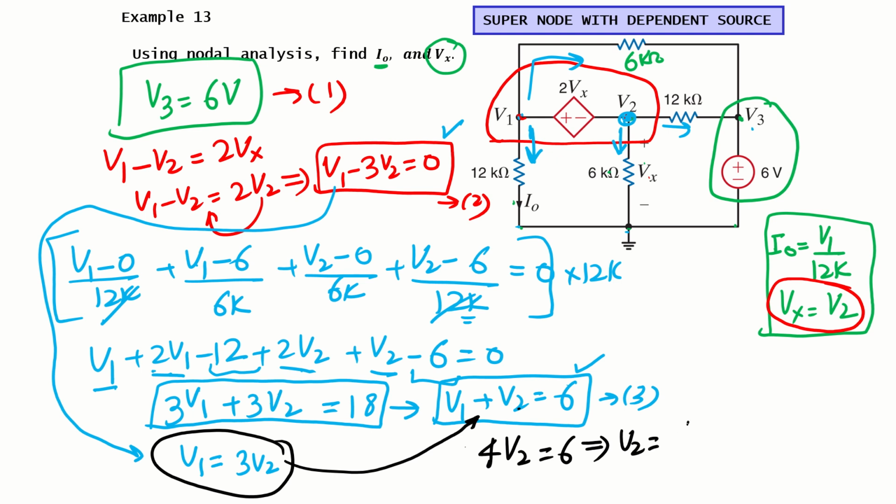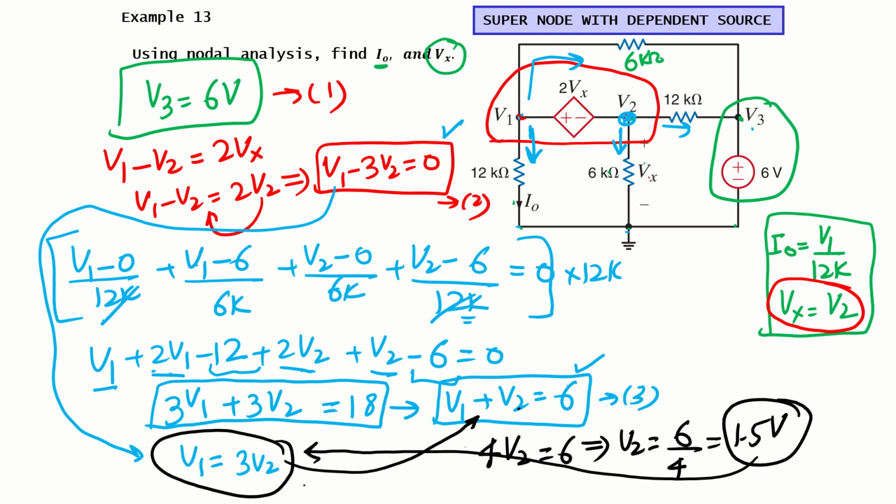So V2 comes out to be 6 over 4, which is 1.5. So this is the V2 value. Let's put that back in the equation to get V1. V1 is 3 times 1.5, which is 4.5 volts.